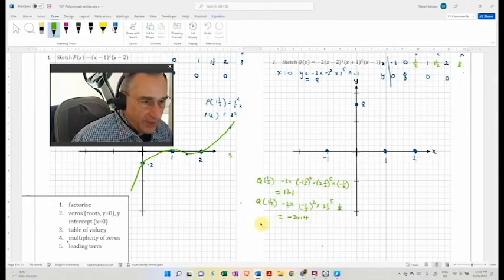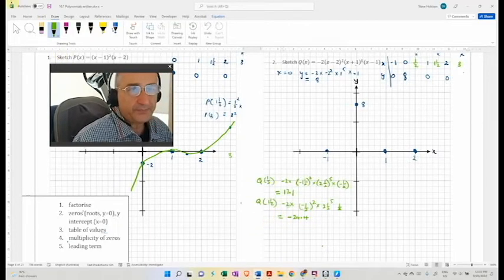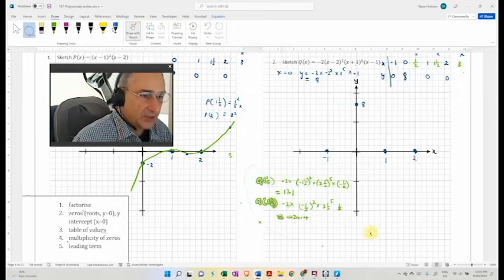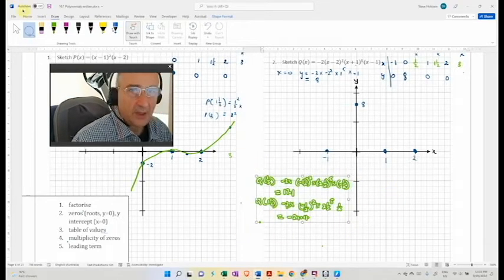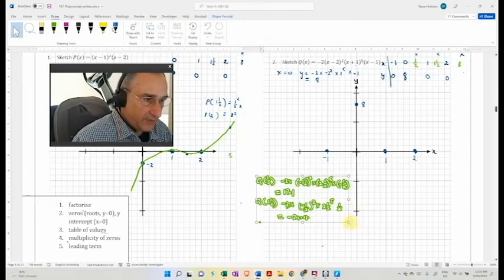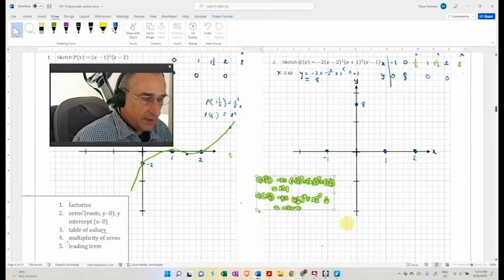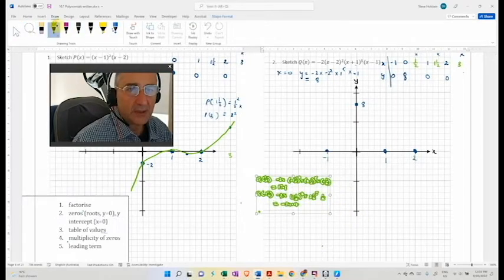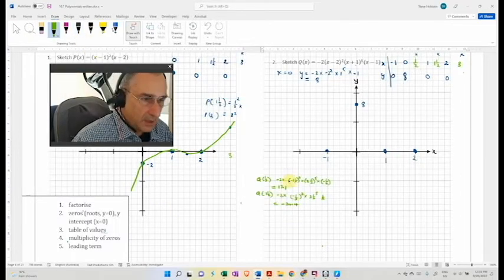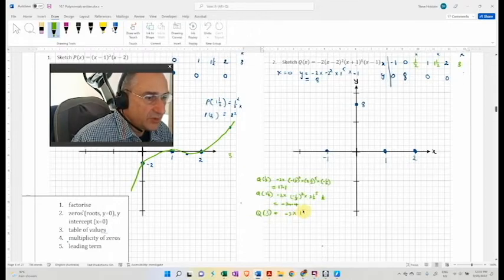I'll put that one in here, 24.4. And then q of 3, and I'll make this a little bit smaller so that we can fit it. Q of 3 equals minus 2 times 3 minus 2 is 1 squared, times 3 plus 1 is 4 to the fifth.